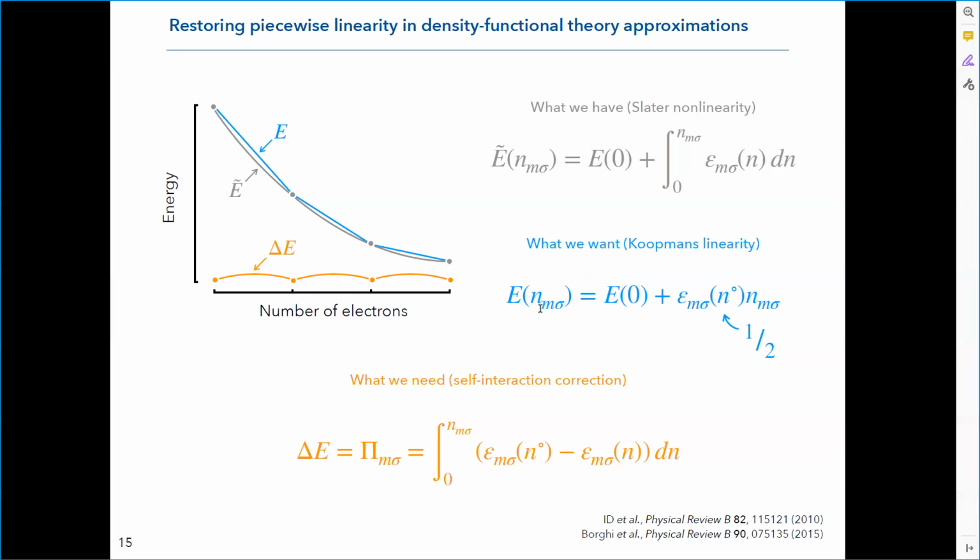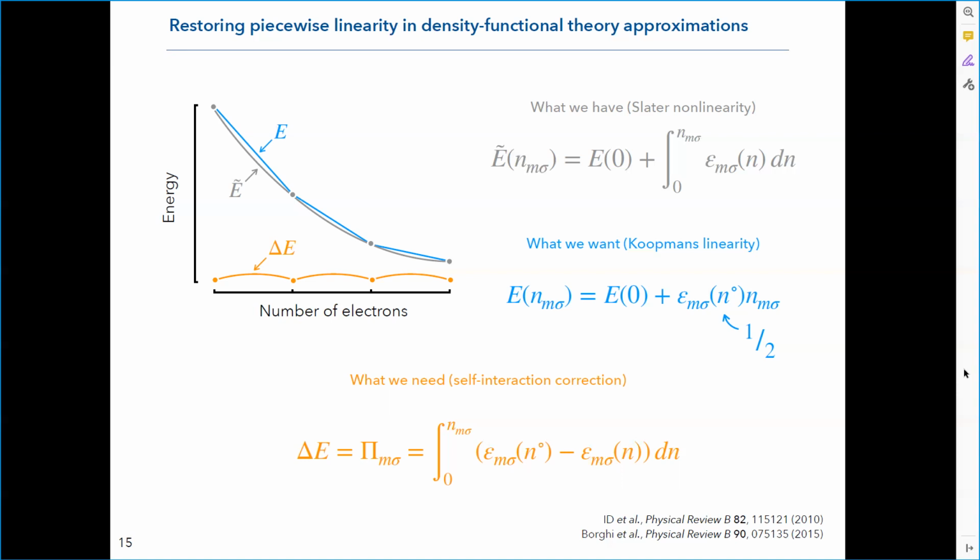But what we want is a linear behavior, where essentially the energy is given by a coefficient that multiplies the occupation of the orbital. And this coefficient, in one flavor of the Koopmans approximation, is nothing else than the derivative of the energy midway between two integer numbers.